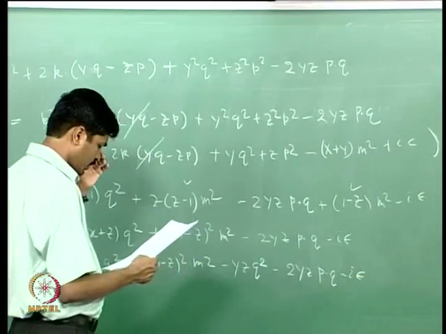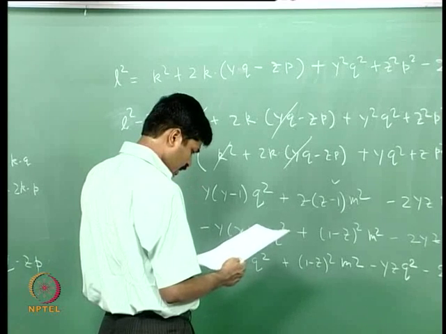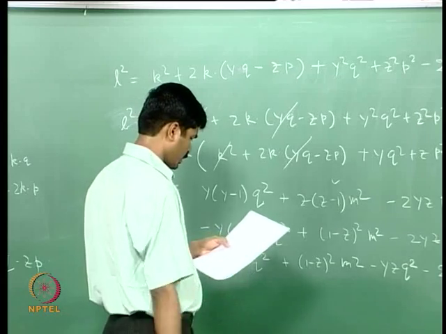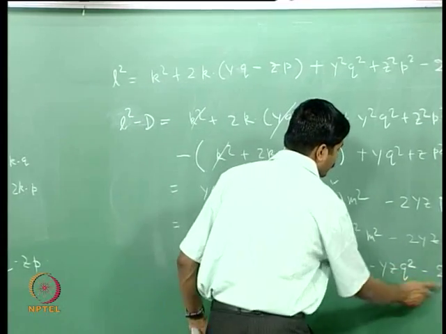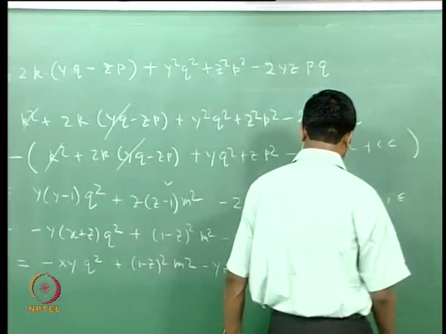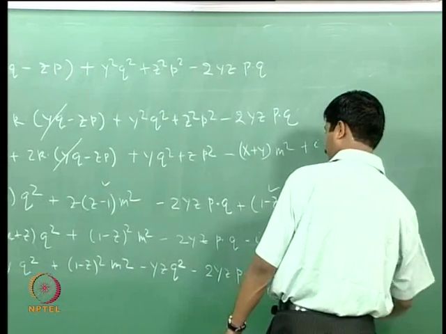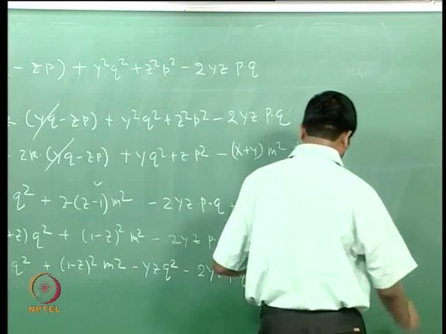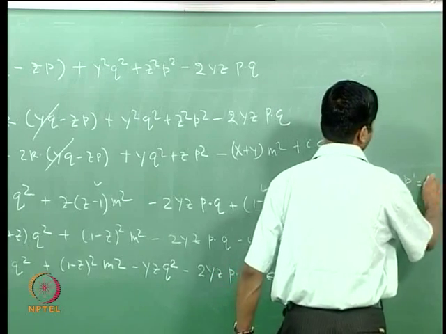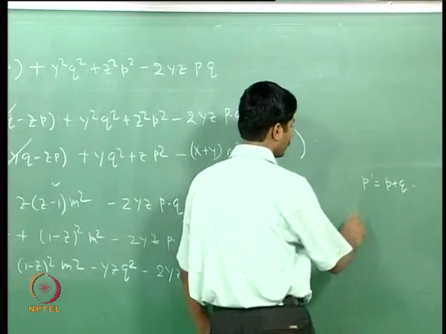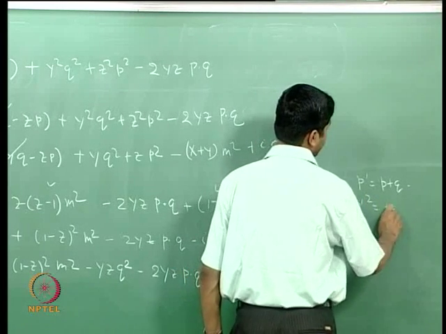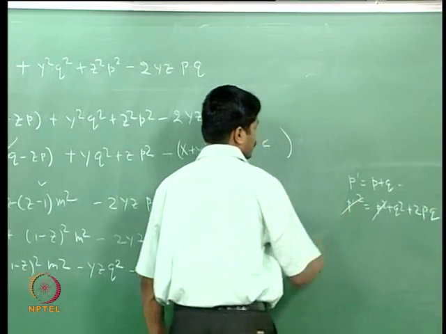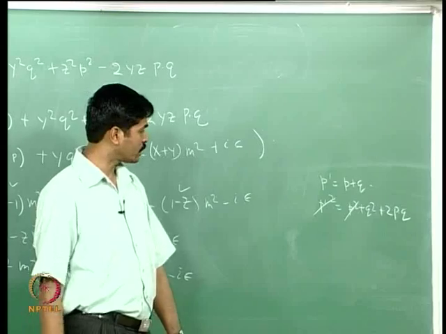Now, if you combine these two terms here, let us use this relation p prime equal to p plus q. So, p prime square is p square plus q square plus 2 p dot q, but p square is p prime square, which is equal to m square.